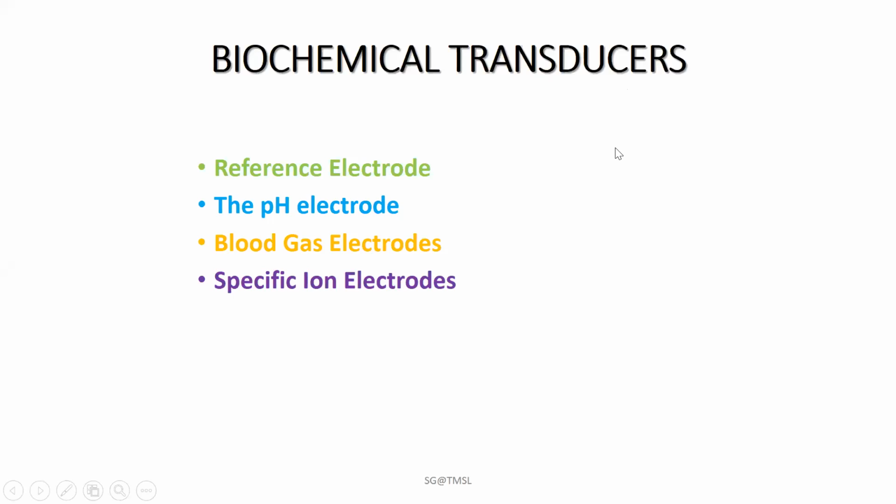So there are certain electrodes like the reference electrode, pH electrode, blood gas electrode, and specific ion electrode. I'd like to discuss them one by one. Move on to the next slide.